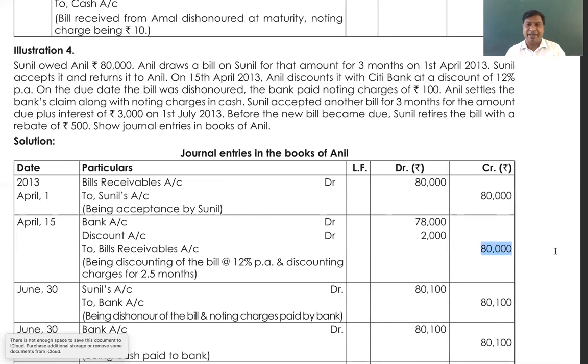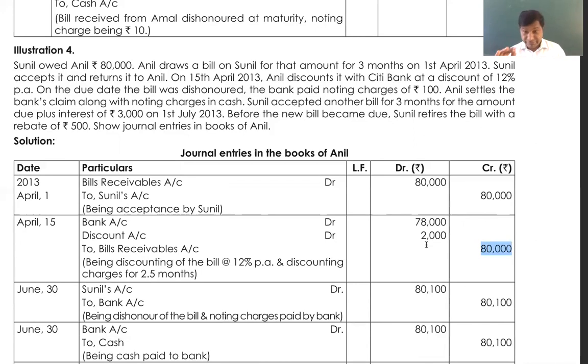But the bill is not kept by Citibank for 1 year, but for 2.5 months only, starting from 1st April till the maturity date, right? That's for another 2.5 months.